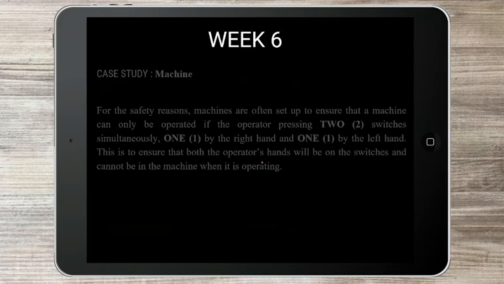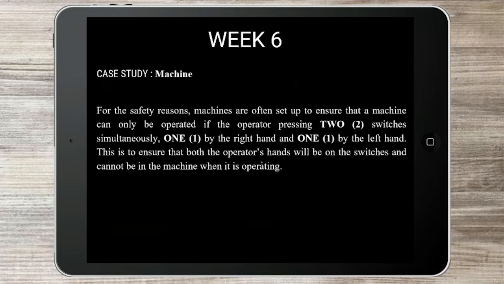Week 6 pula kami telah diberi pendedahan mengenai case study untuk beberapa simulation. Dan salah satunya adalah cara mesin ini berfungsi. Okey, kita akan go through sama-sama untuk case study ni.